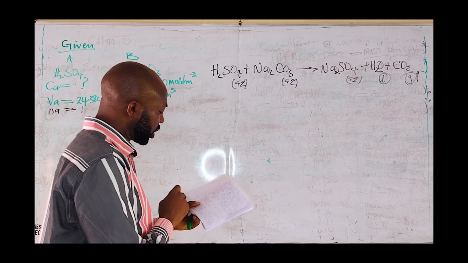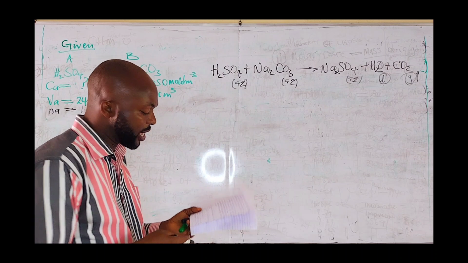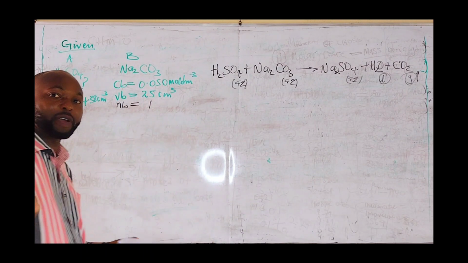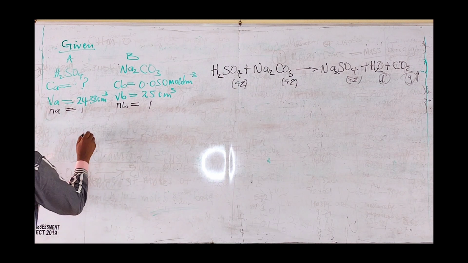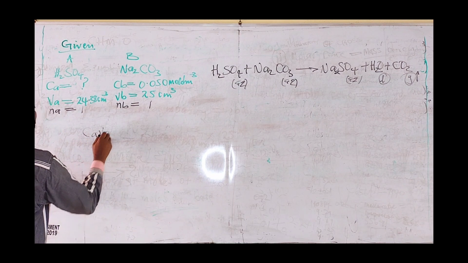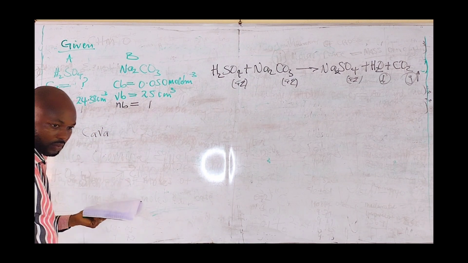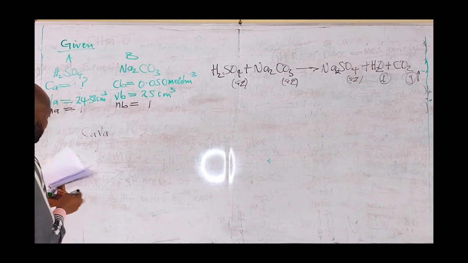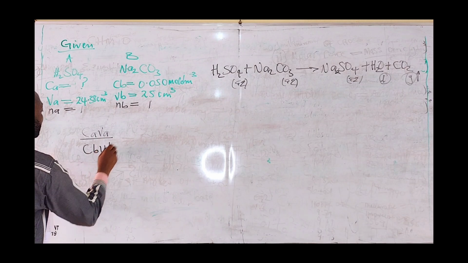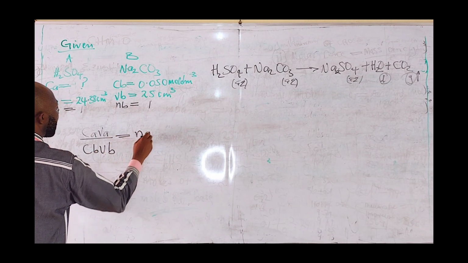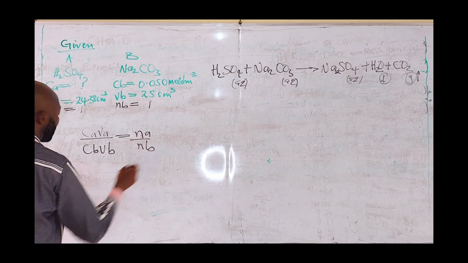Alright, question number 2, which is concentration of A in mole per dm cube. I'll now write my formula, since I know the right formula to use, which is CAVA over CBVB equals NA over NB.